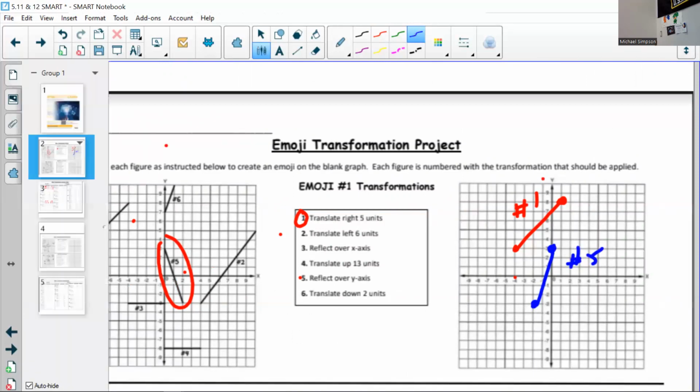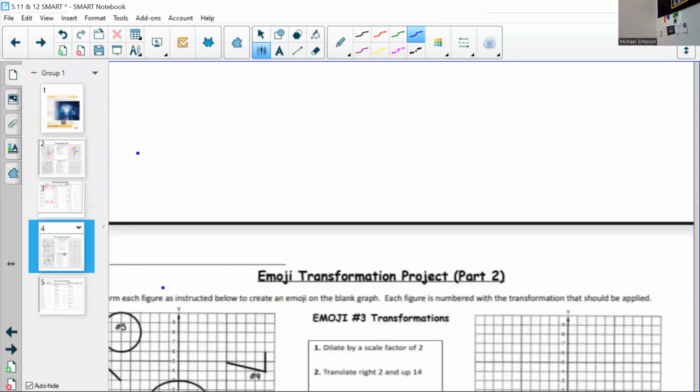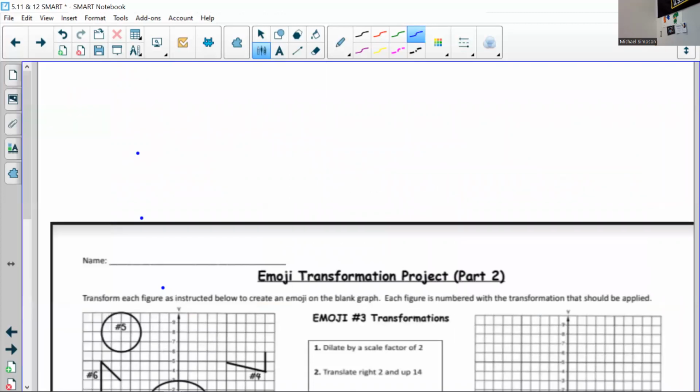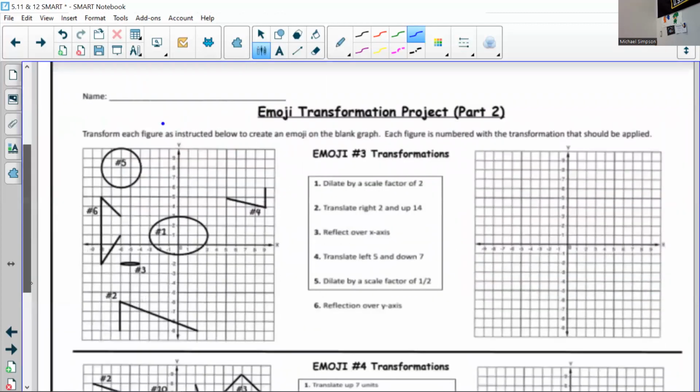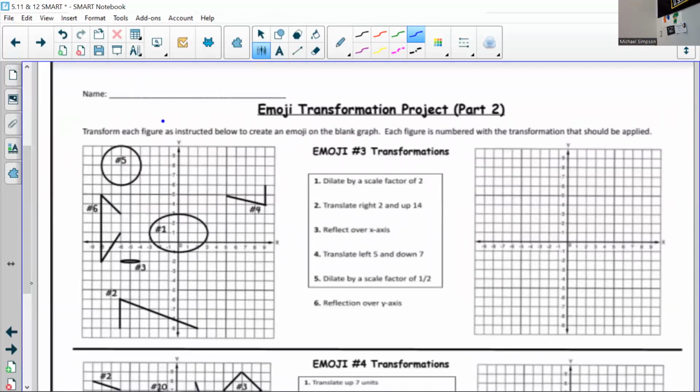Then let's look at part 2 now. Let's look at the first one, item number 1, which is the elliptical circle here. It says dilate by a scale factor of 2.